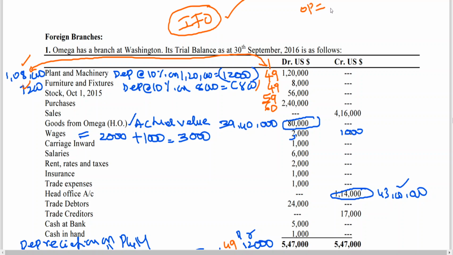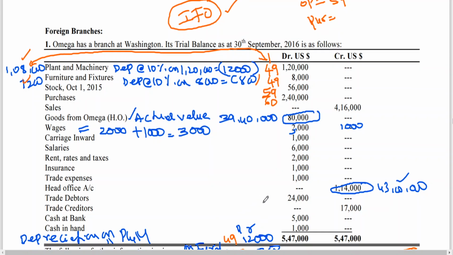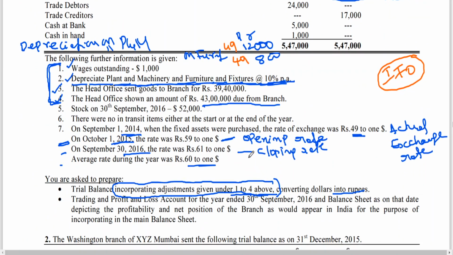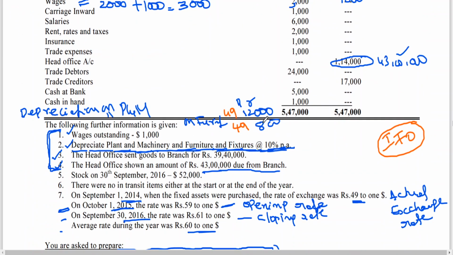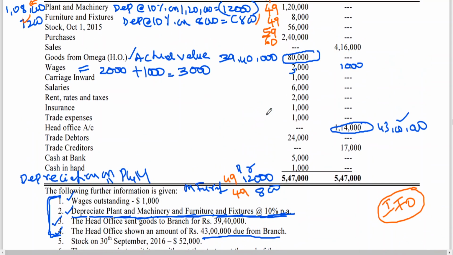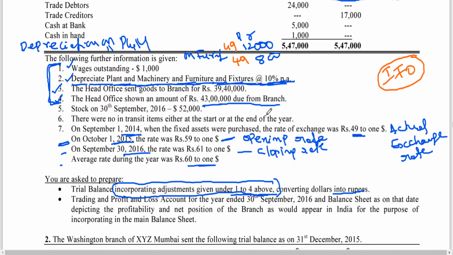Opening rate is how much? 59. Then closing rate 61. Average rate 60.